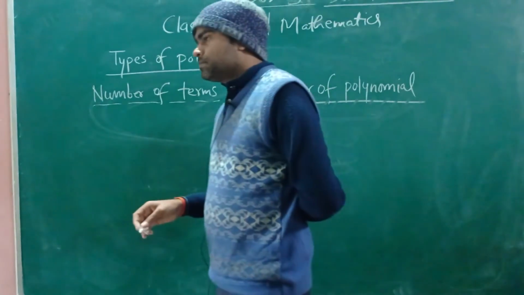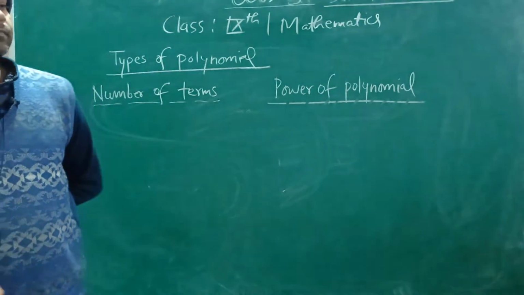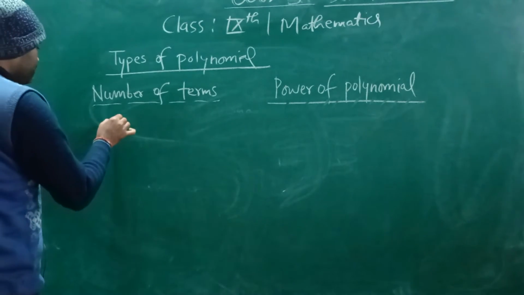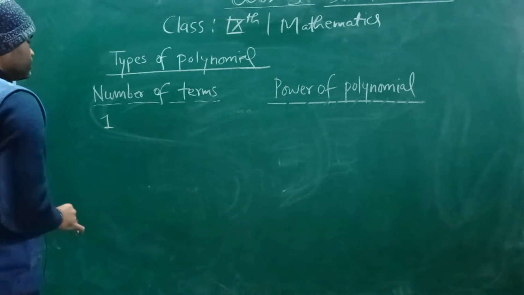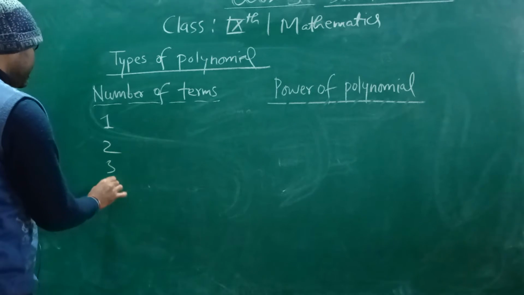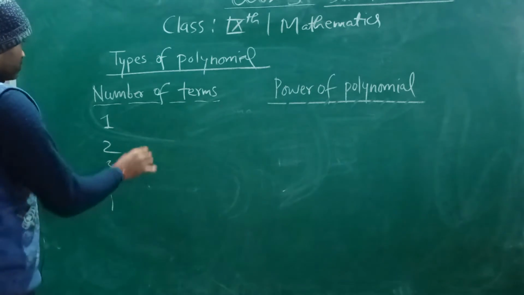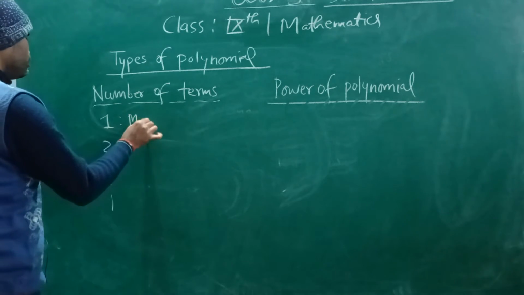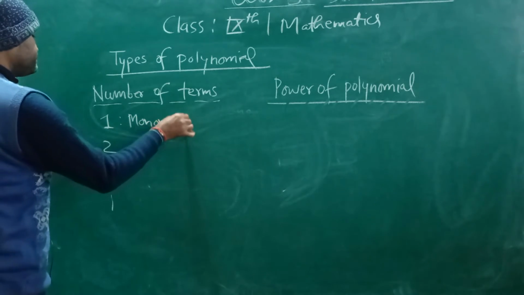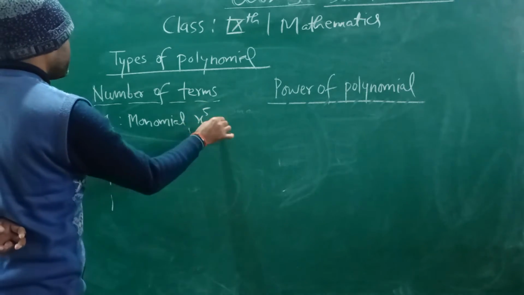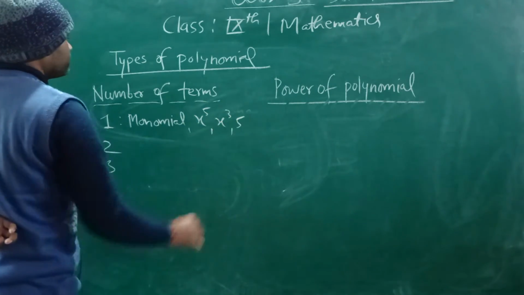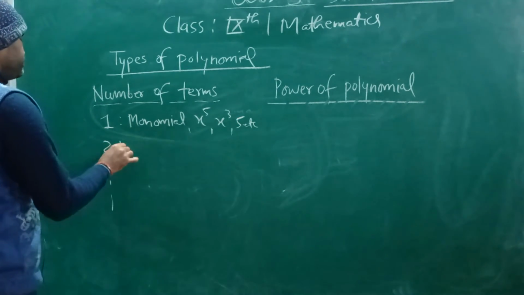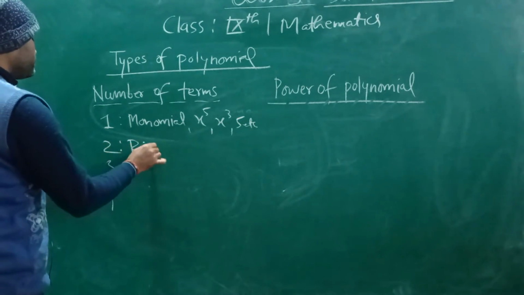The number of terms may not be 0, but it may be 1, 2, 3 and so on. The polynomial containing only one term is called a monomial. For example, x to the power 5, x cubed, x square, only 5, etc. The polynomial containing two terms is called a binomial.